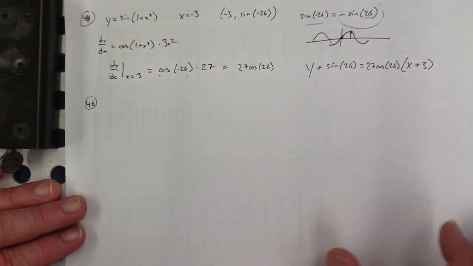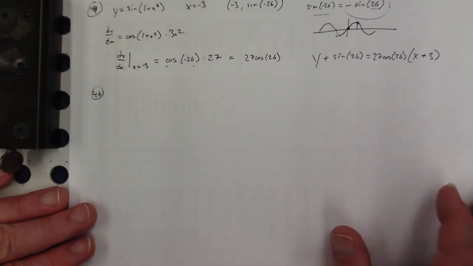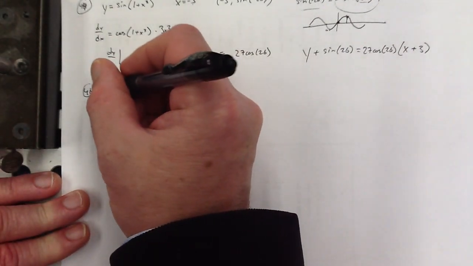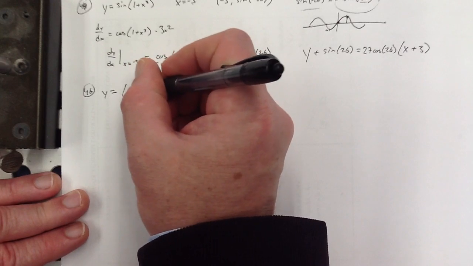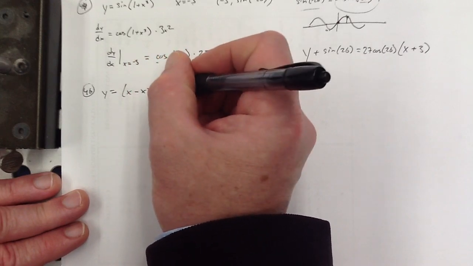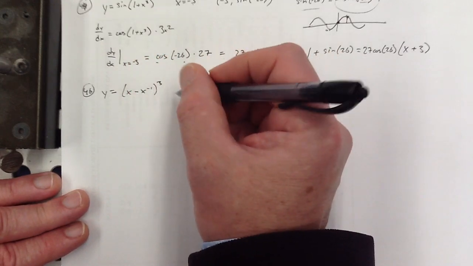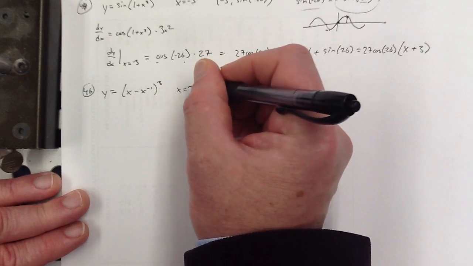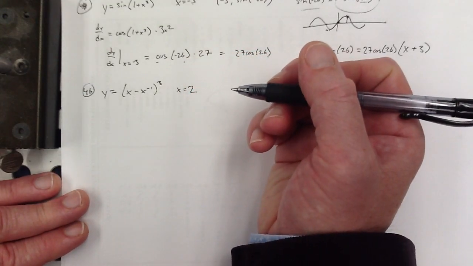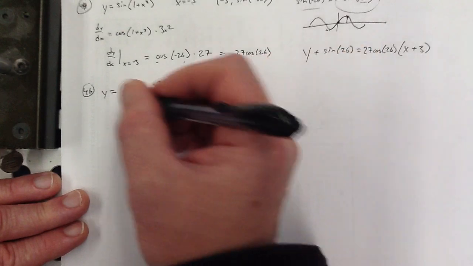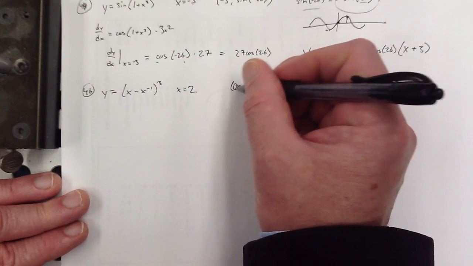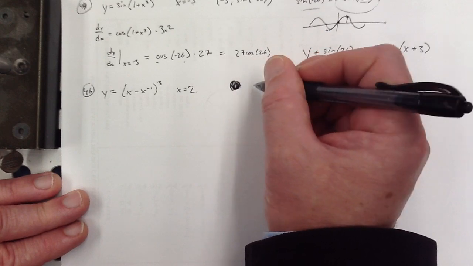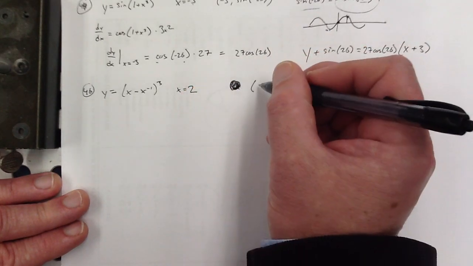All right, 46. I'm going to try real hard to do the right problem here, because I know you guys aren't going to tell me. I'm on my own. x minus x to the -1, cubed, at x equals 2. All right, so let's see. My point is, I know what the x value is.